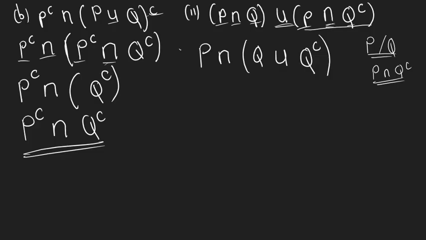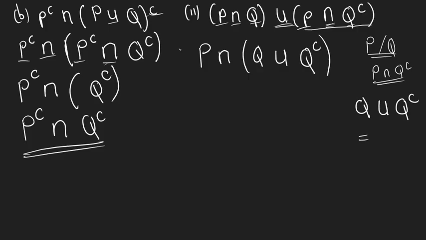Whenever you have a union of a set with its own complement, you are going to get the universal set. For example, you have set Q, and then they're saying unite it with the Q complement. What are you going to get?